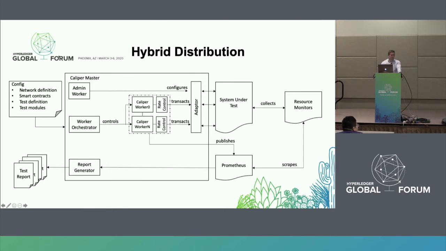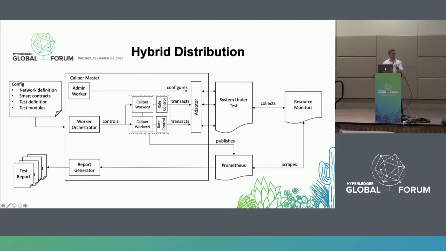So Prometheus, if you're not familiar with it, is a very useful tool for collecting information, really. So we can publish worker statistics through to Prometheus, and we can use external resource monitors, say cAdvisor, Node Exporter, to collect information from the system under test.